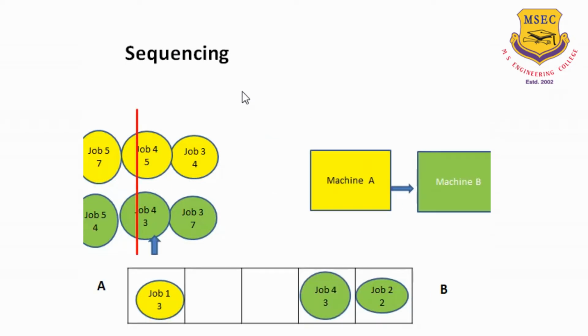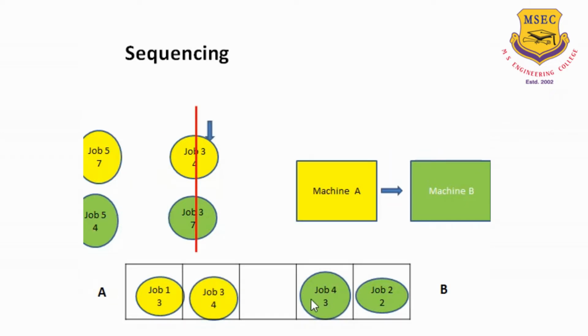Similarly, the next minimum occurs for job 4 on machine B, that is 3 units of time. So we fix job 4 here in the box and delete job 4. Next minimum is 4 for machine A, so job 3 comes next to job 1.